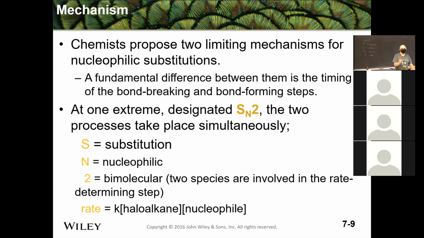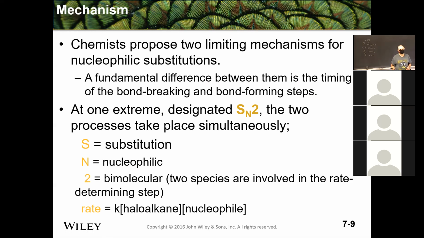What two processes, bond forming and bond breaking, happen at the same time? S stands for substitution, N stands for nucleophilic, 2 stands for bimolecular. So there are two species that are involved in the rate determining step. And in an SN2, there's only one step, so that is the rate determining step.